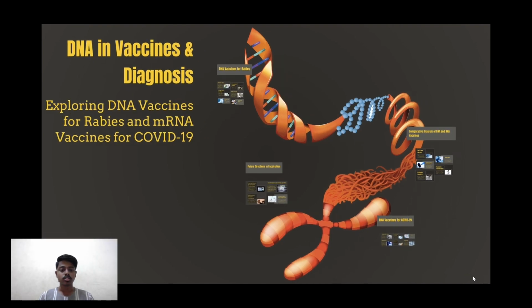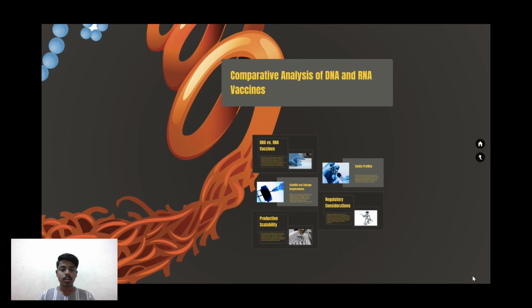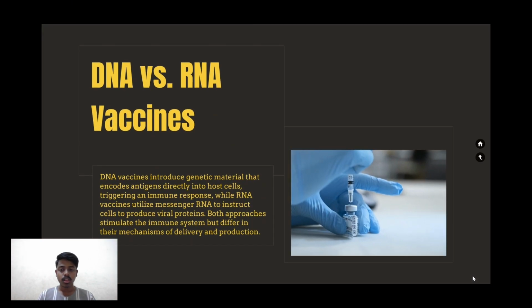Now let's discuss the comparative analysis of DNA and RNA vaccines. DNA versus RNA vaccines. DNA vaccines introduce genetic material that encodes antigens directly into host cells, triggering an immune response and neutralizing the virus.